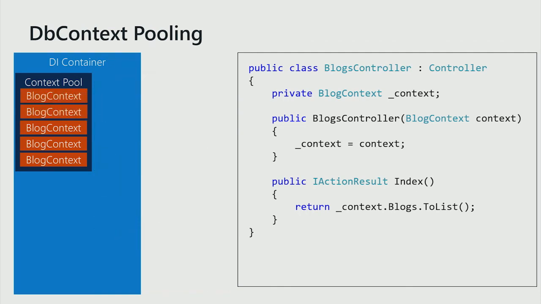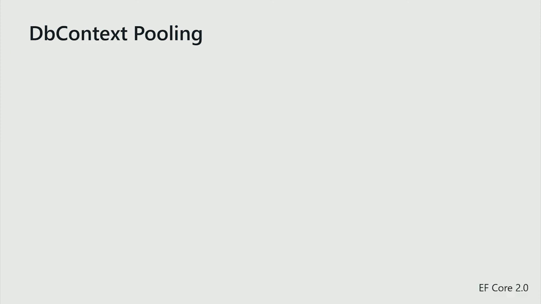And when they're done, they go back in the pool. So I'm not creating all these objects over and over again. Your application will run a lot quicker. I'm getting about 25% performance gains by just doing DB context pooling.